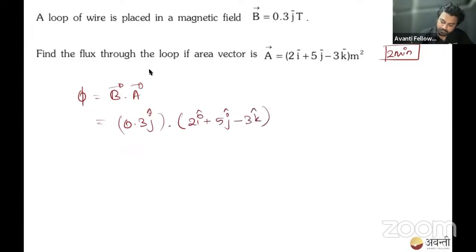Okay. So I is not there, J is there, K is not there in the magnetic field, right? So I will be 0. 0.3 J into J. It is 1.5 plus 0 again. So flux is equal to 1.5 Webers. Clear? Chalo, let's move to next question.